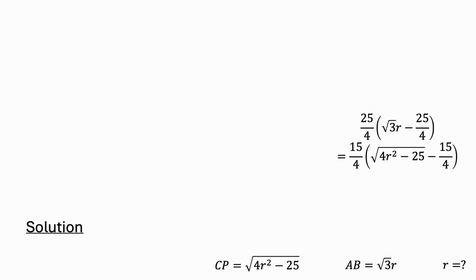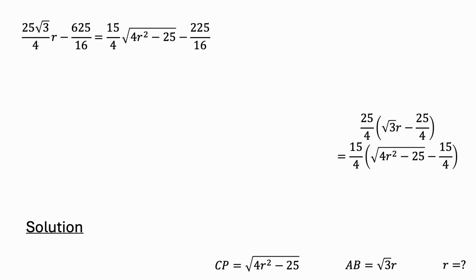Expanding gives 25 square root 3 over 4 R minus 625 over 16 equals 15 over 4 times square root of 4R squared minus 25 minus 225 over 16, or 25 square root 3 over 4 R minus 25 equals 15 over 4 times square root of 4R squared minus 25.